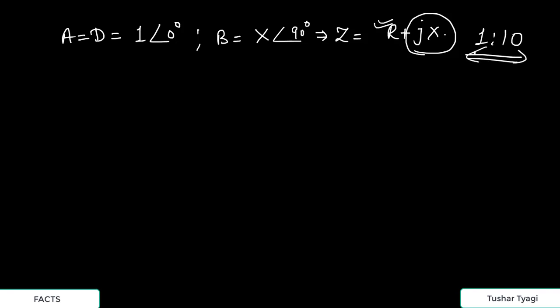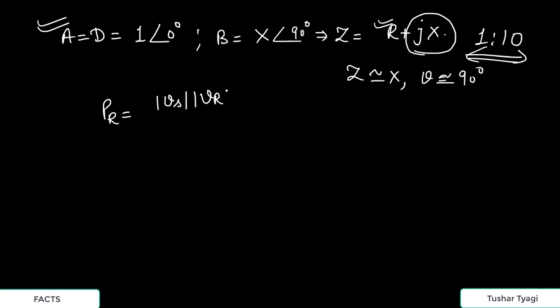In that case, you could assume that Z is approximately equal to X and the impedance angle theta between R and X is approximately equal to 90. So I can generalize the previous relation that we have for PR. What was PR? PR is equal to mod of Vs mod of VR divided by mod of Z, after putting B as Z in the equation of PR.